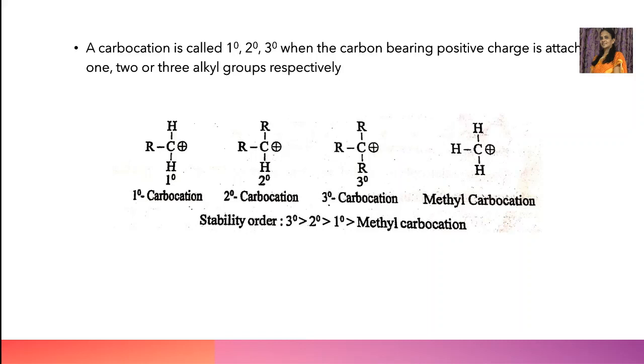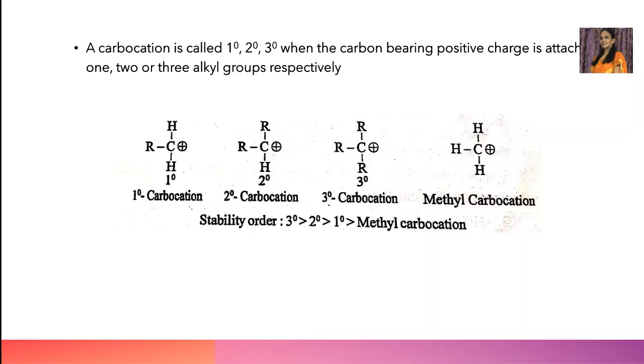So if we consider this carbocation, this carbon has a positive charge, therefore it is a carbocation. If one alkyl group is attached, then it is known as a primary carbocation. So if a primary carbon bears a positive charge, it is a primary carbocation. If a secondary carbon bears a positive charge, it is a secondary carbonium ion. If a tertiary carbon bears a positive charge, it is called a tertiary carbonium ion or carbocation.